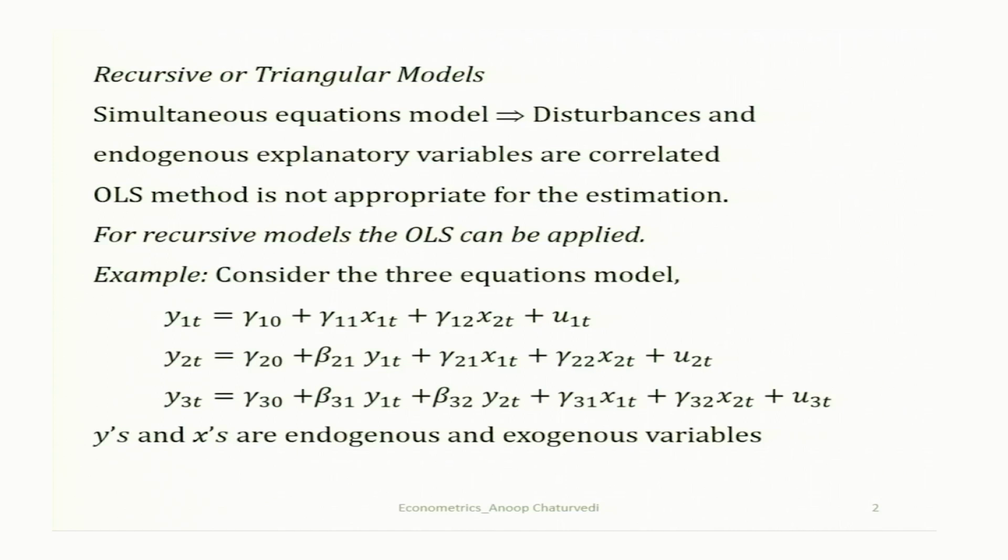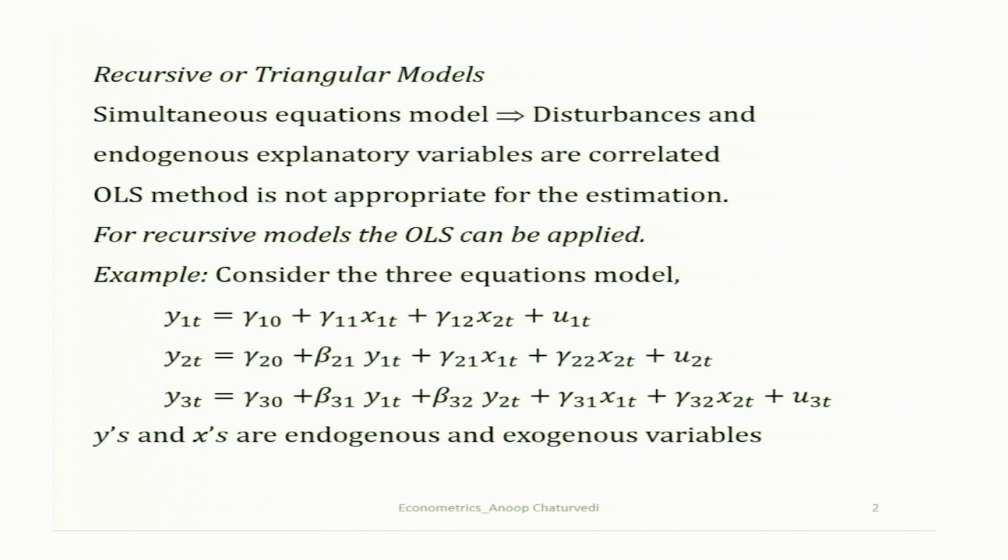Then for the simultaneous equations model, we consider the just identified case, and for just identified cases, we are going to consider the method of indirect least squares for estimating the parameters of the model. So, first we consider recursive or triangular models.